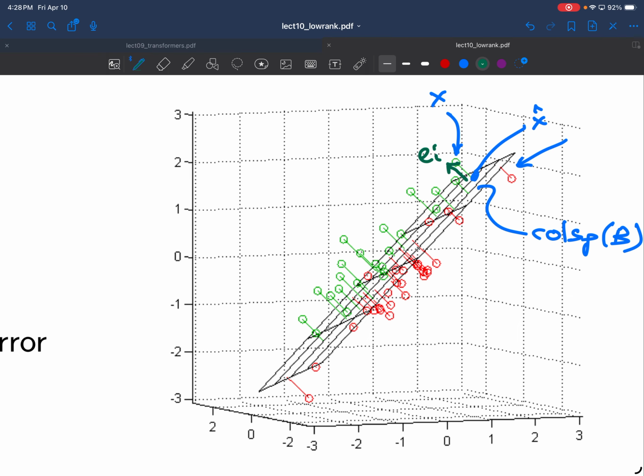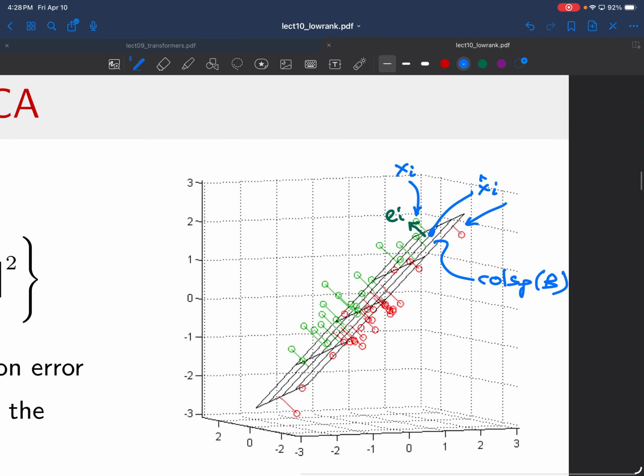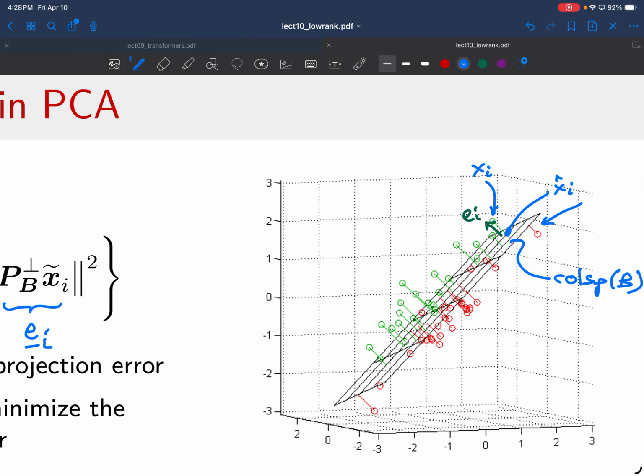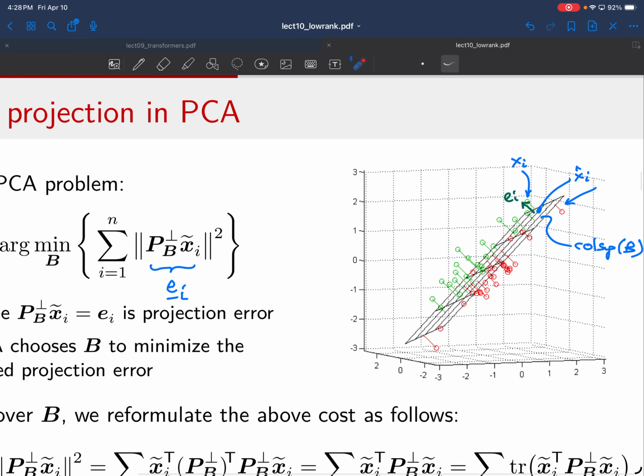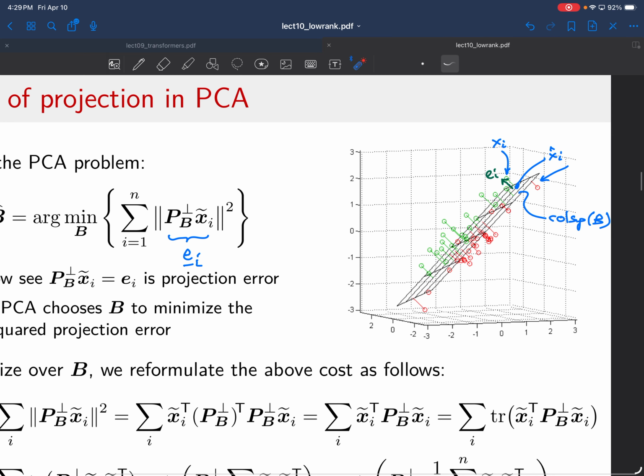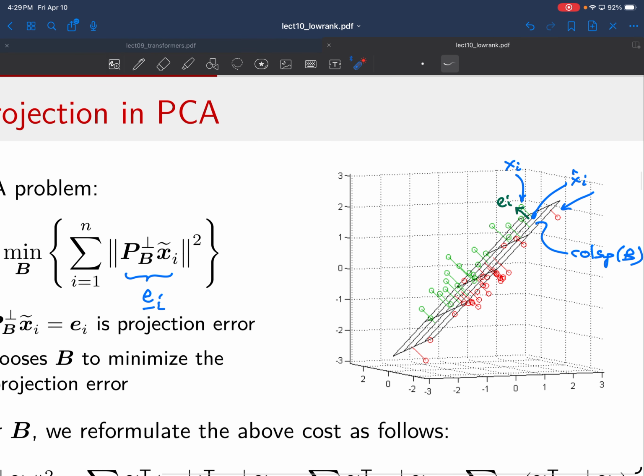Sorry, so I should put i here. Okay, so is that making sense? And so now we basically want to minimize the sum of squared Euclidean distances of those e i's. I guess I should have underlines on all of these.